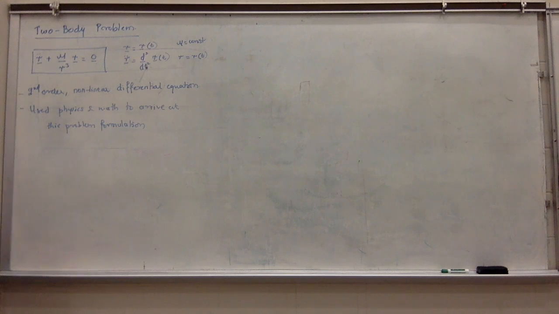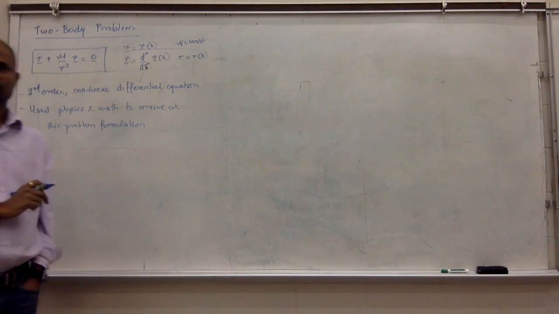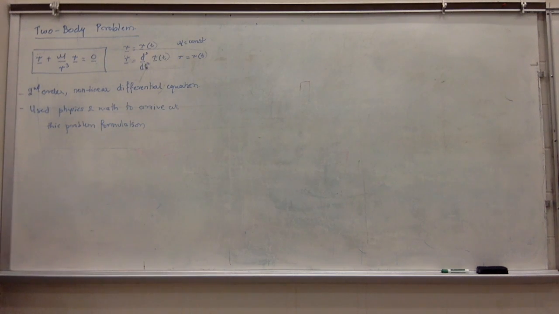Now we have defined a two-body problem. Once we have defined the problem, in your engineering process, what is your next step? You looked at an existing problem and you gave a mathematical output to that problem. And this is the mathematical output. So now you have to seek a mathematical solution.